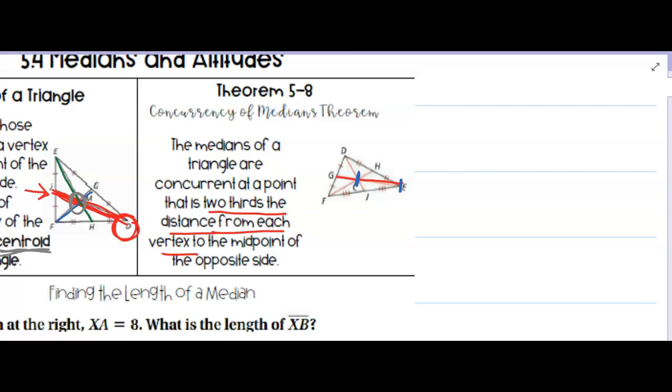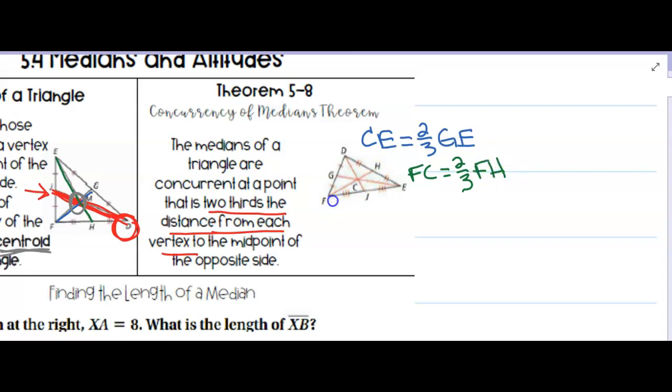So what it means is that segment CE, so that distance CE right there is going to be 2/3 of the entire median, so segment GE, okay? So if I were to look at another median, so let's pick out this median FH. Okay, so if I were to go from the vertex to the centroid, so FC, that distance is going to be 2/3 of the entire median FH.